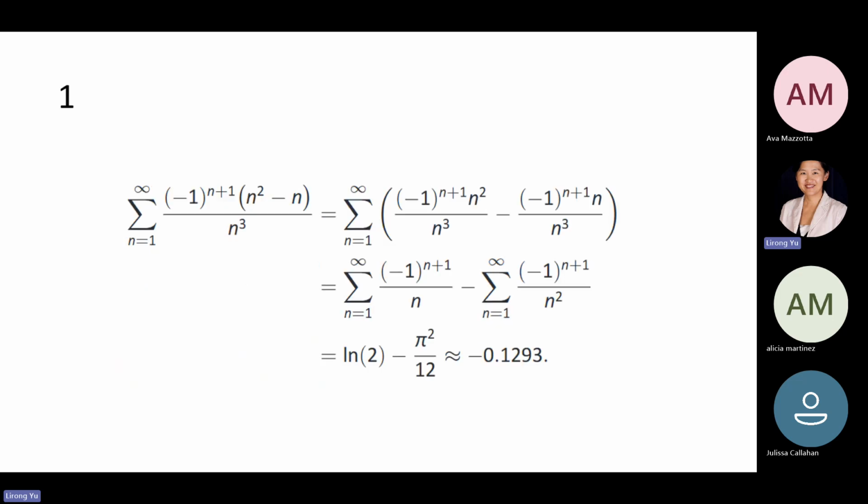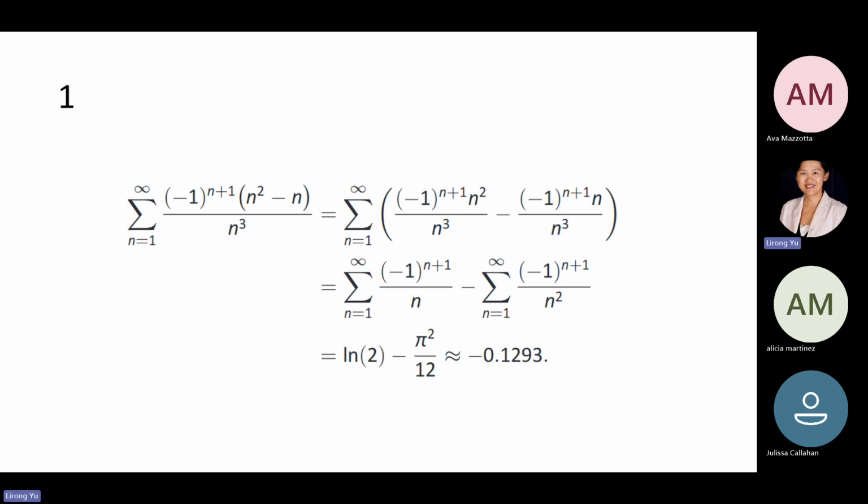I didn't really separate them into steps of the full solution here. So we start with n squared over n cubed minus n over n cubed. We break down the entire fraction into a subtraction of 2 small fractions. The reason we want to do this is that after you turn them into smaller fractions, we can find common factors and cancel them.